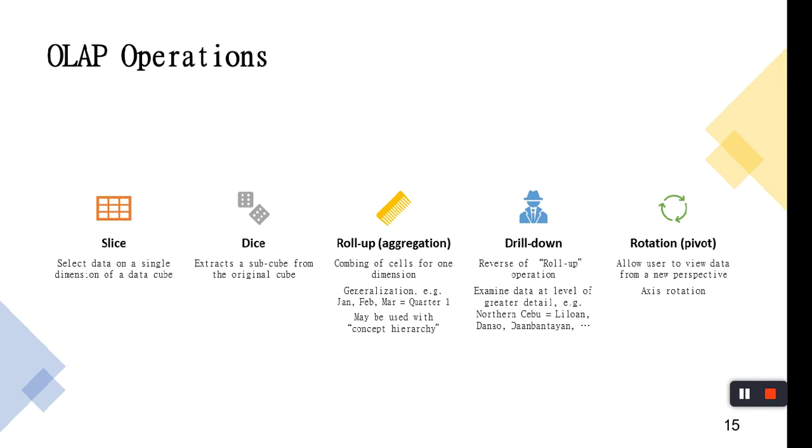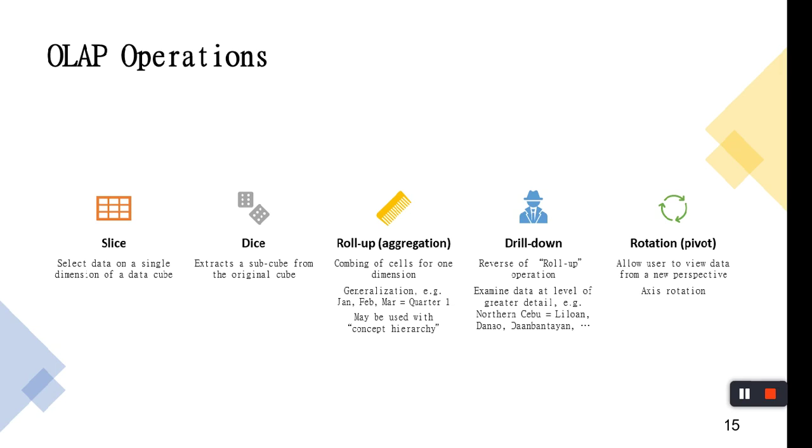Instead of looking at it in a combined state, we break it down further so that we can look at more details. For example, if we have data on northern Cebu and you do a drill down operation, you will break it down into the different municipalities or cities, like Liloan, Danao, and Daanbantayan.